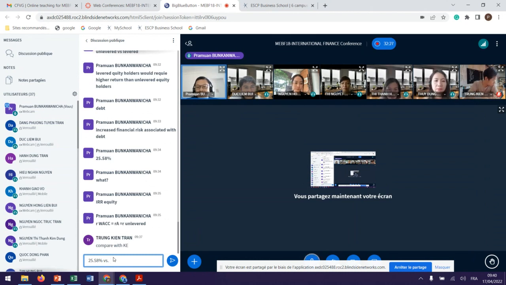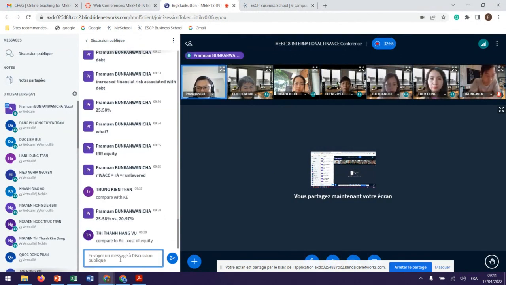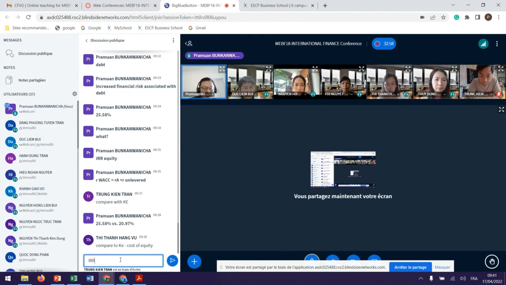What is the KE, at least from this estimation? You compare it with 20.97%. Is it right? So you compare IRR equity with the R equity.